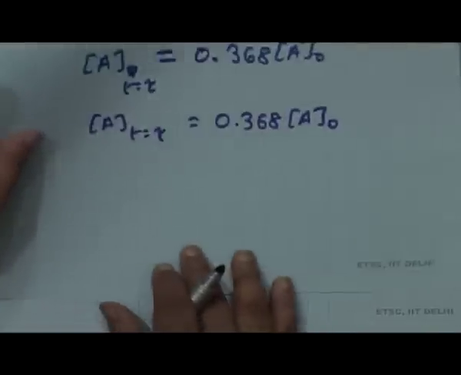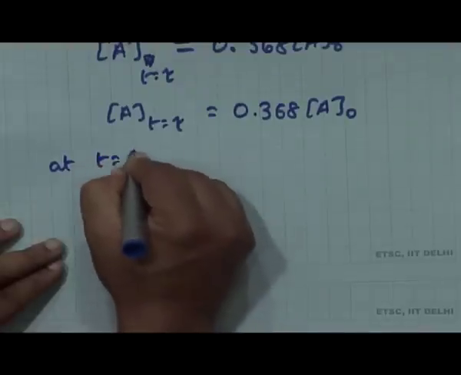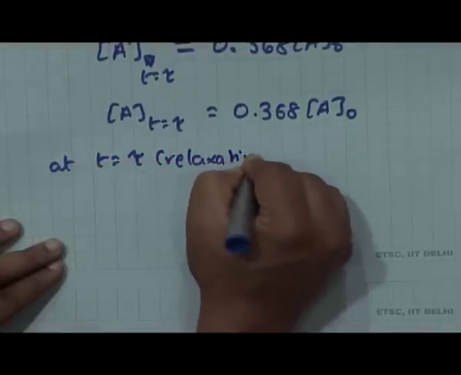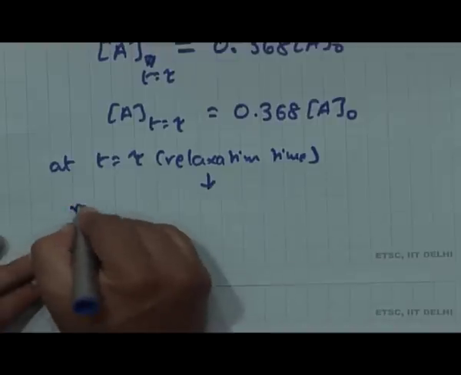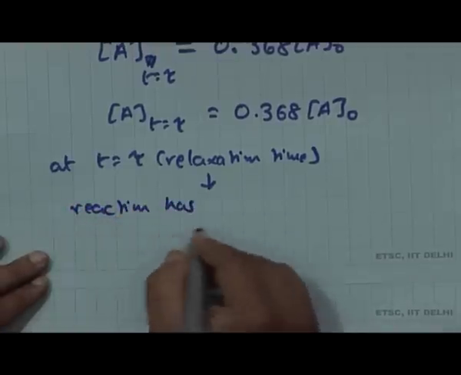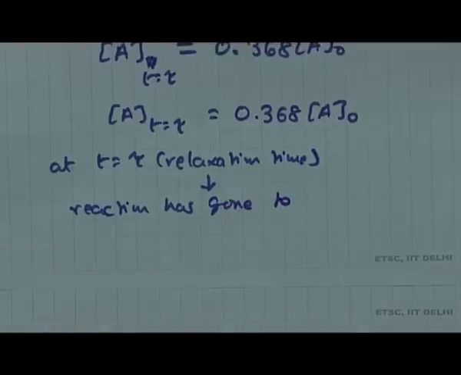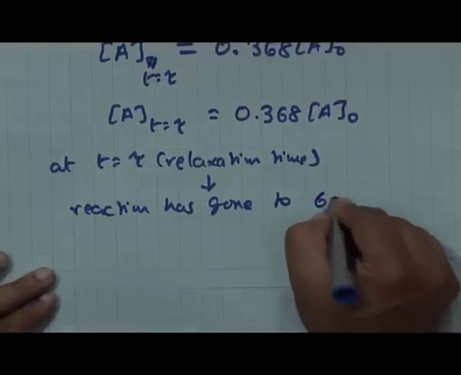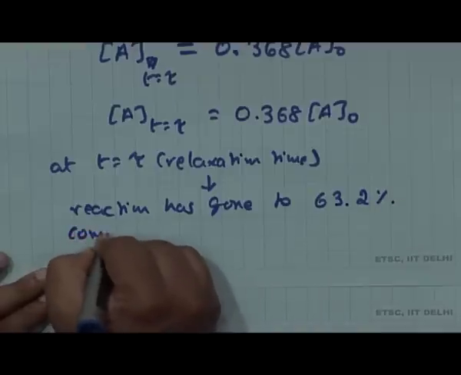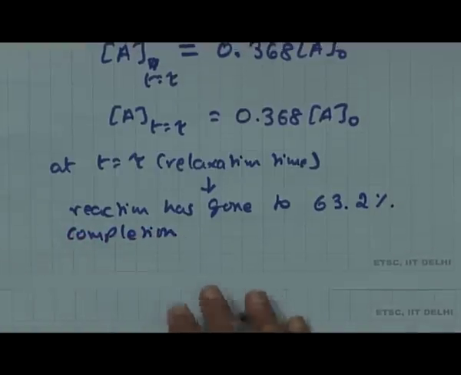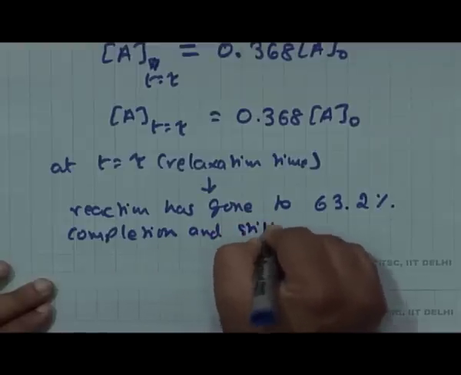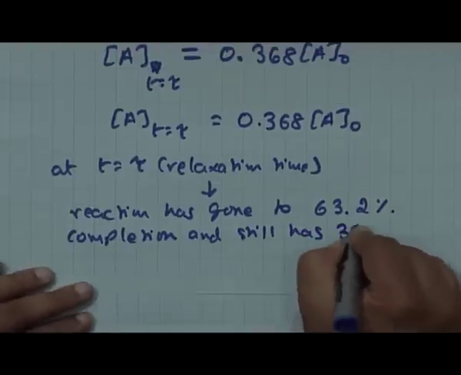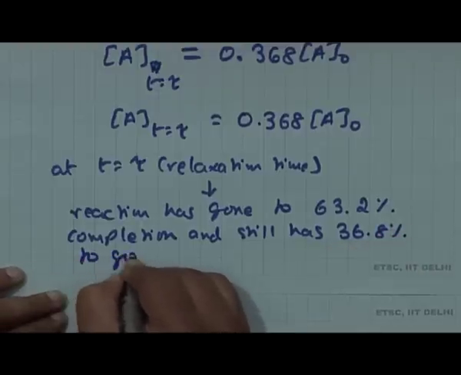That means what I can write is, just follow this: at t equal to tau, which is the relaxation time, the reaction has gone to 63.2% completion, and still has how much to go? 36.8% to go.